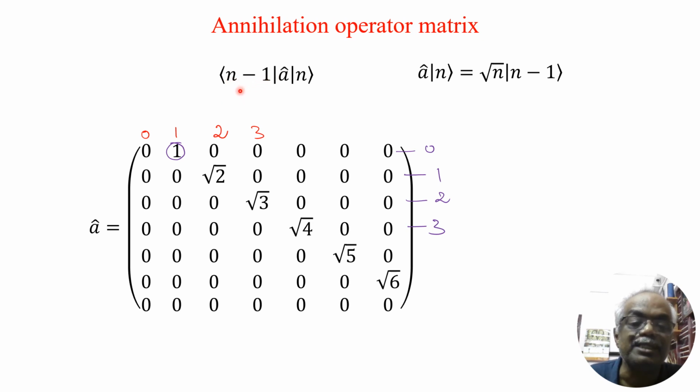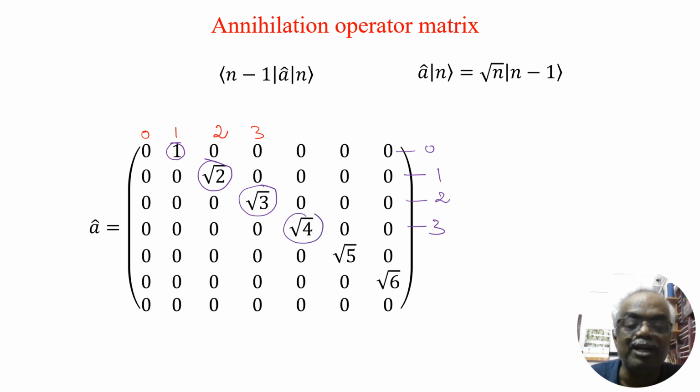That is, the row vector is 1. What about the column vector? The column vector is 2, so second column. So this is square root 2, since n is 2. So this will go like this as in the previous case.